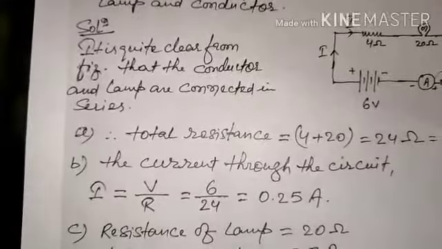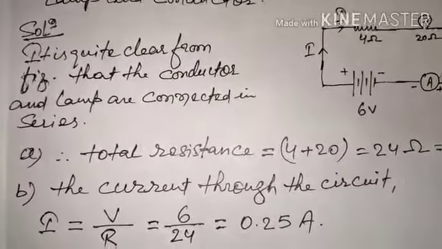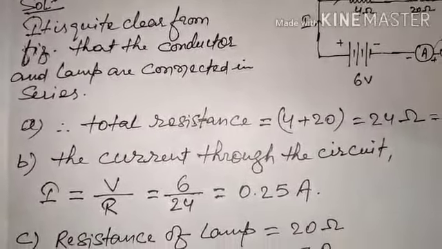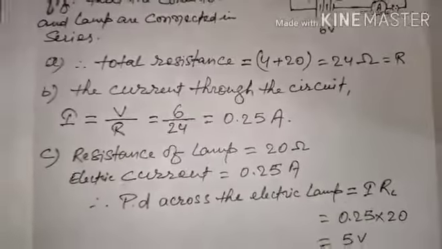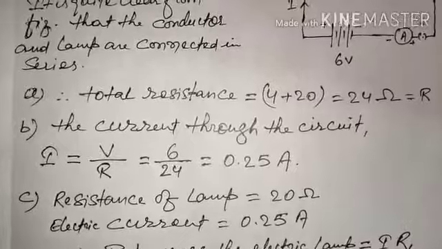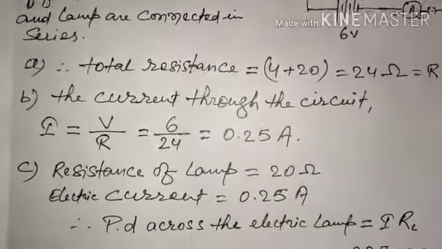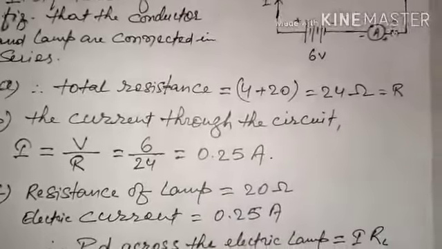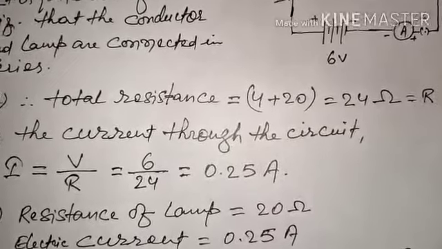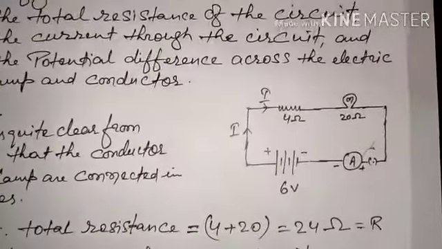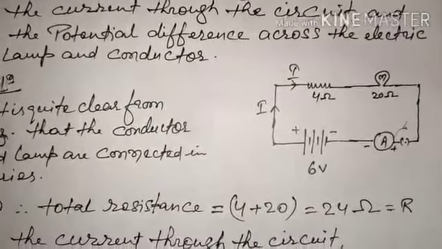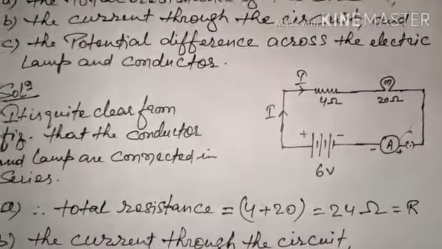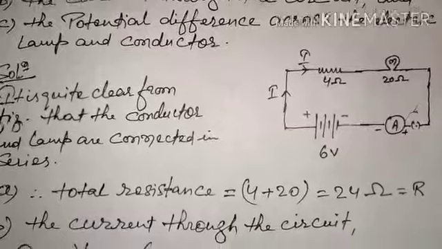Solving the question, it is quite clear from the figure that the conductor and lamp are connected in series. Now solving the first one. Total resistance is equal to 4 plus 20 is equal to 24 ohm. We know from the previous result that resistors in series should simply be added to get the equivalent resistance.